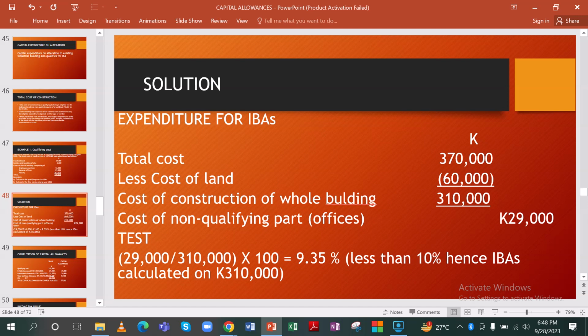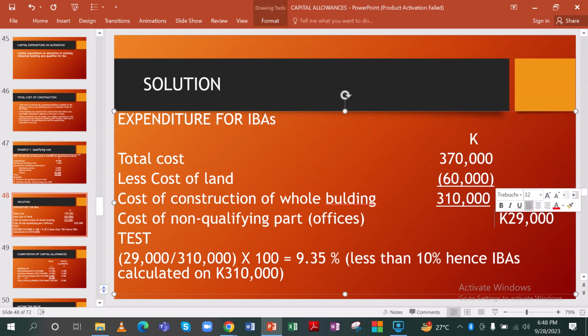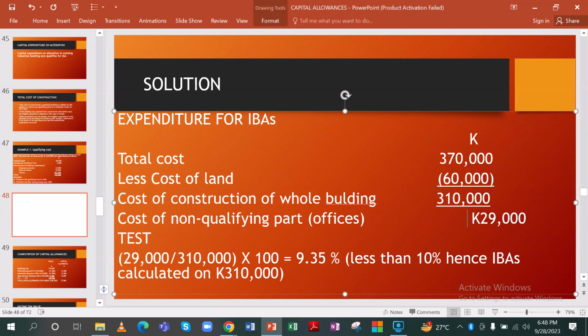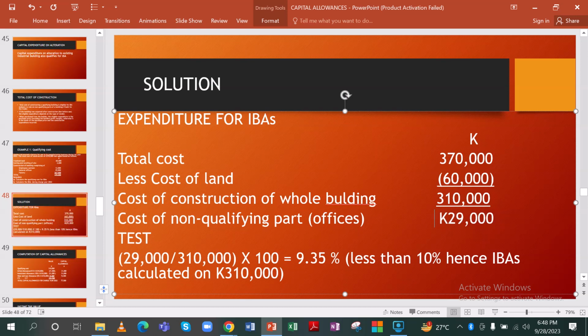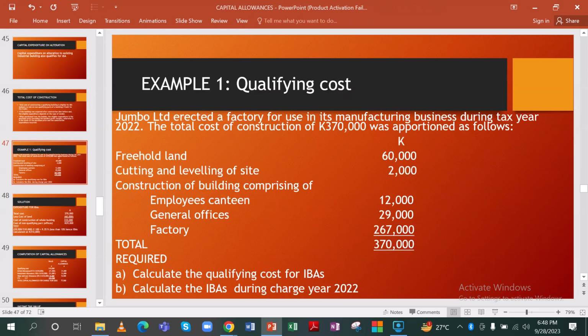Okay, so now the other part which needs to be looked at is to find out if there is any non-qualifying part, meaning that in the building there is a portion which is not an industrial building. So let's go and see what happens. When you look at this particular breakdown, we see freehold land 60,000.